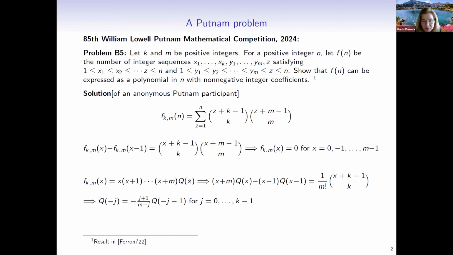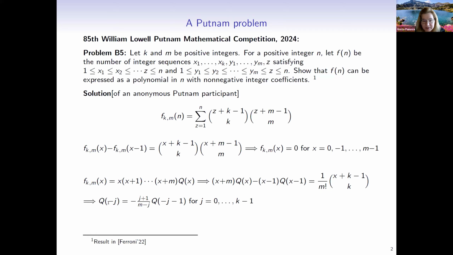So there is some other polynomial here in x. And now we can use this same difference identity to cancel out some of these factors, and we get another polynomial which also has a lot of zeros.